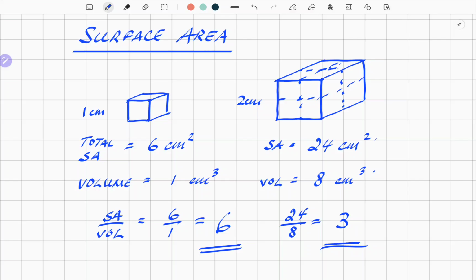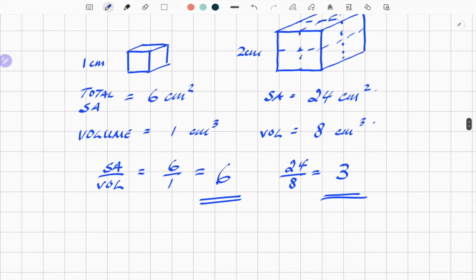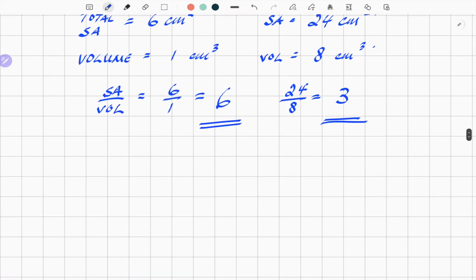One of the reasons for that is, look at this, and I will put this into a different context. When you have a small shape like that, the center is not very far. The center of the blob is not very far from the surface, so it's easier to get to the surface.